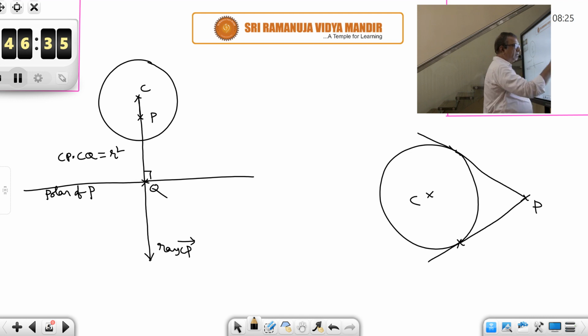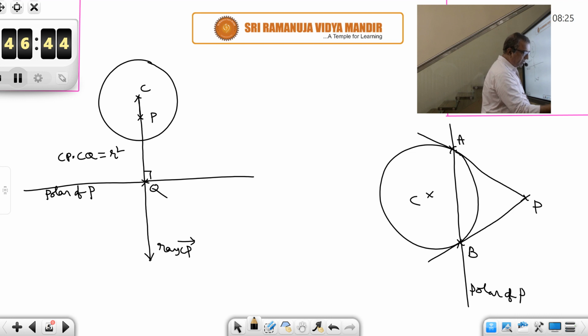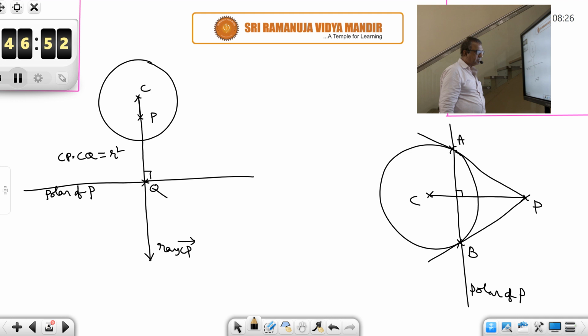Join the points of contact A and B. That is the chord of contact as well as the polar of P. So if you join CP, this angle will be 90 degrees only. And this point is Q.